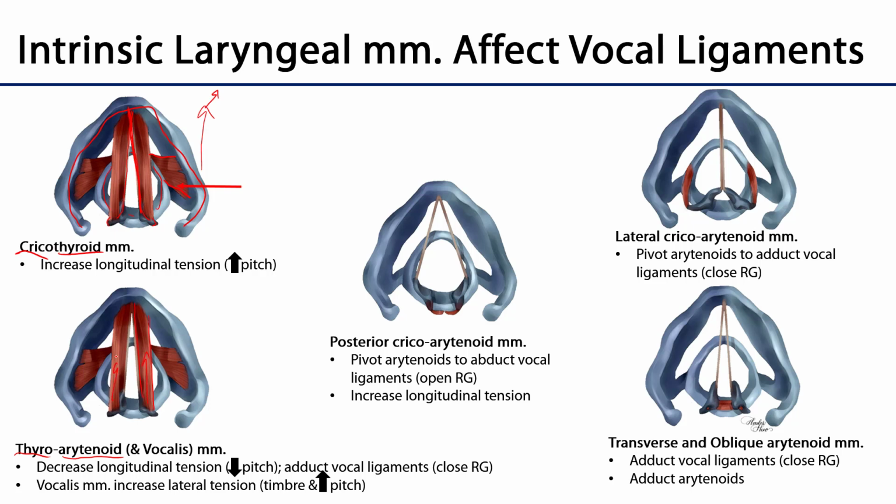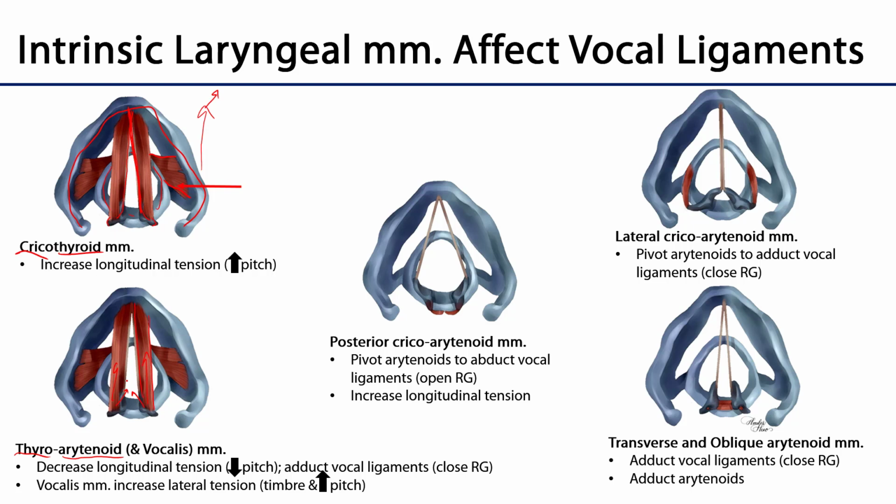When they draw the arytenoid cartilages forward, this decreases their longitudinal tension and decreases pitch as well. In this process of drawing the arytenoids forward, they also slightly adduct the folds as well. So they can narrow the rima glottidis.